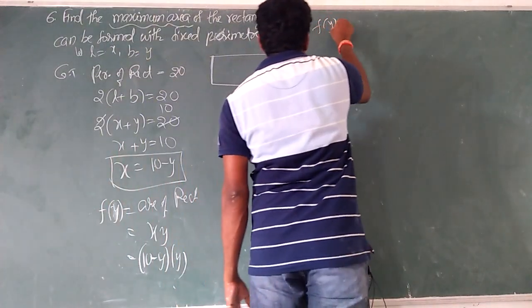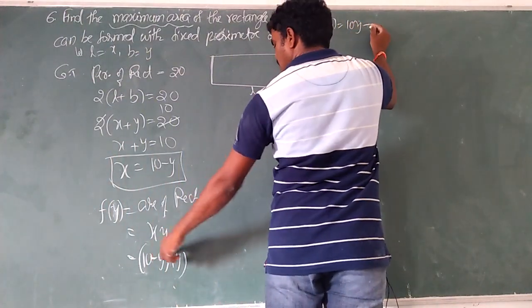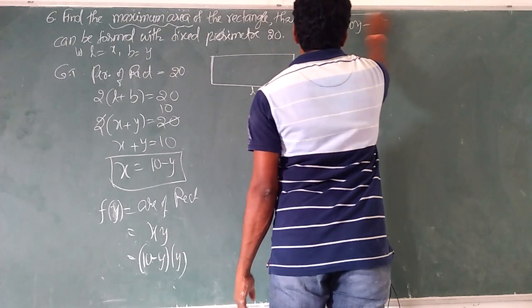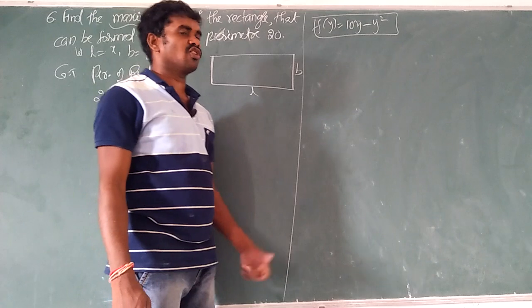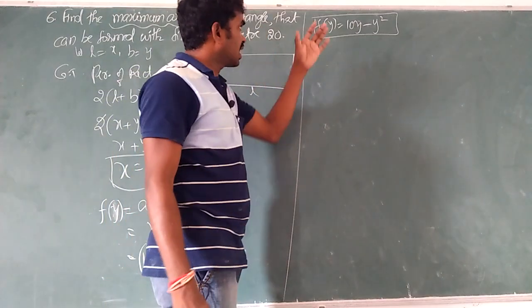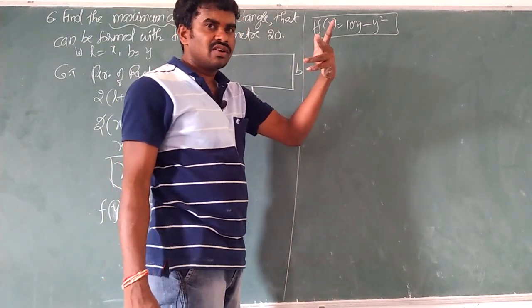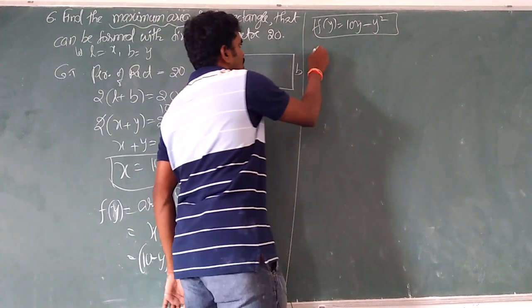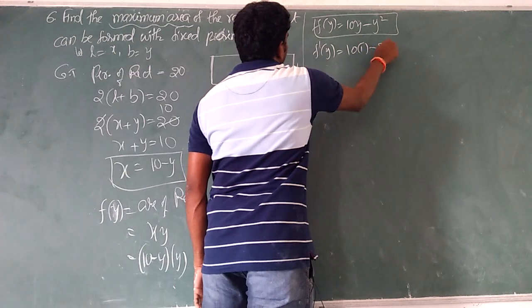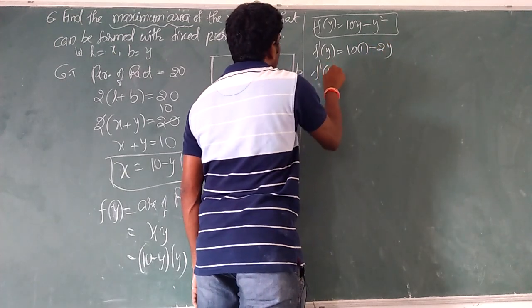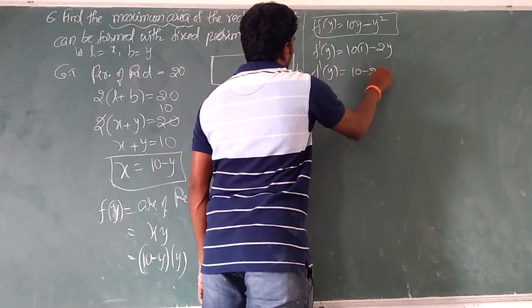So f of y equals 10y minus y into y, y square. No problem, we can do in terms of x also. That is your wish. Now, after getting the function, what next? Very good. f dash. So f dash of what? 10 into y derivation is 1, y square derivation is 2y. So f dash of y equals 10 minus 2y.